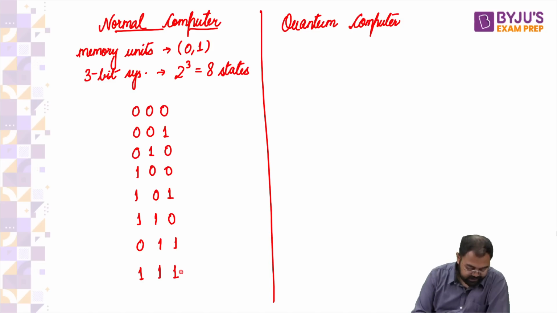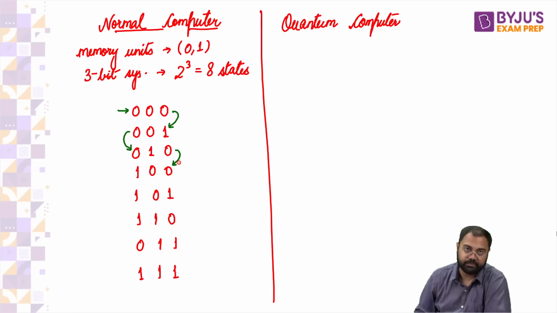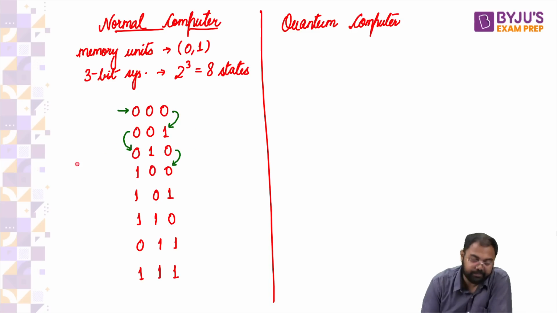Now, what happens in a normal computer is that first one state will be computed, then after that the next state will be computed, then the next, and so on. In this manner, all this happens sequentially or serially.